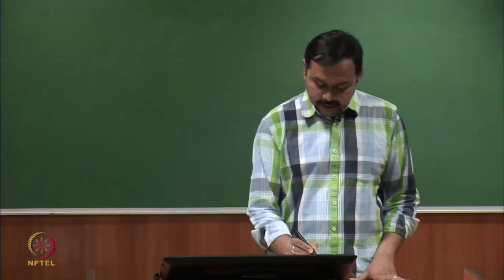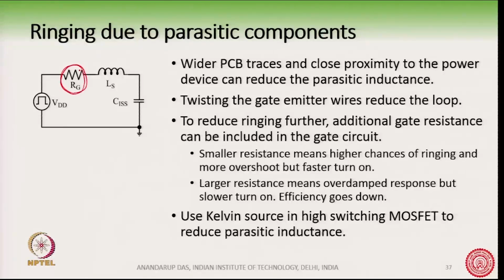If you increase this value here, this system will go from an underdamped to a critically or overdamped system. So, smaller resistance means higher chances of ringing and more overshoot, but also faster turn on, whereas larger gate resistance means an overdamped response, but slower turn on and more losses.